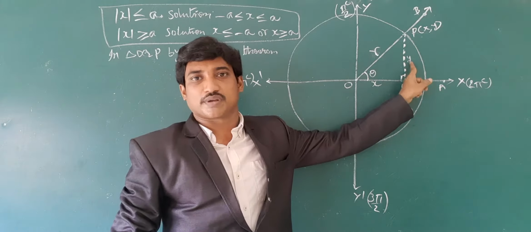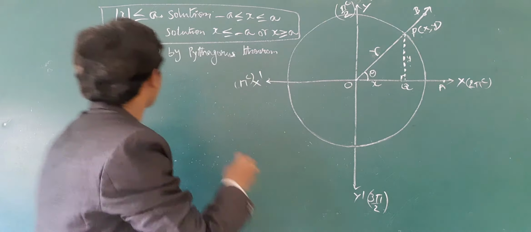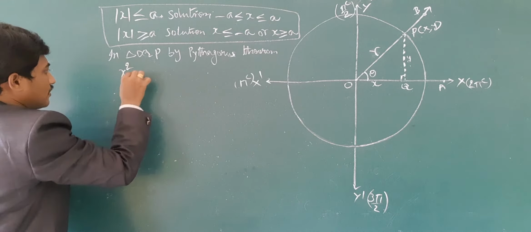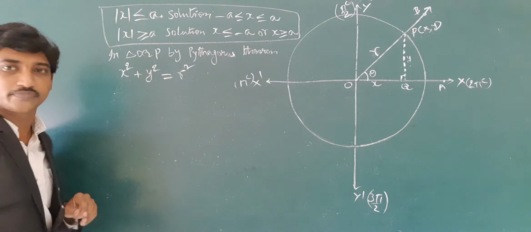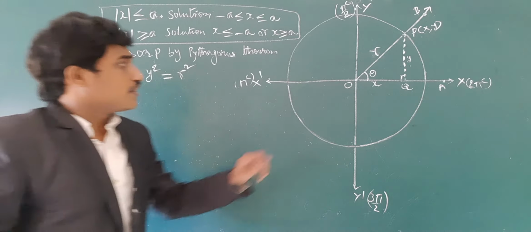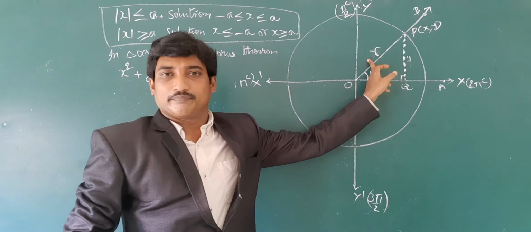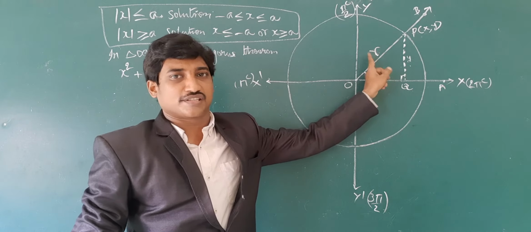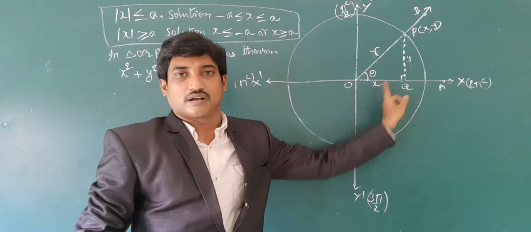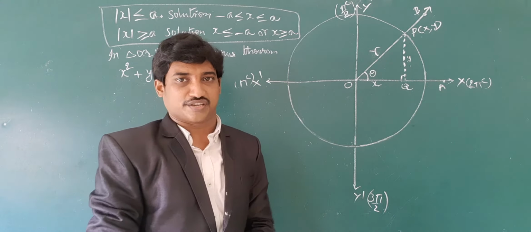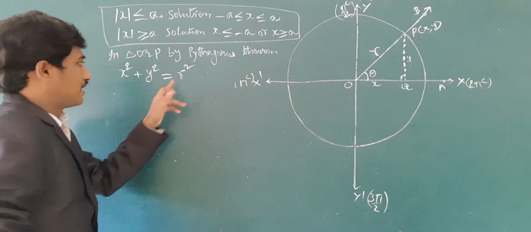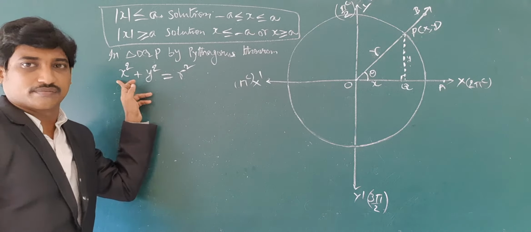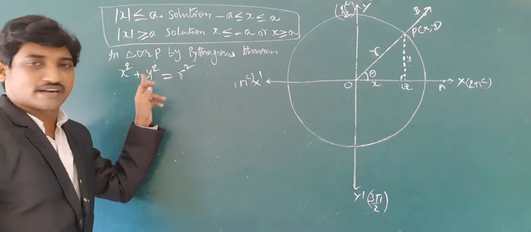X square plus y square is equal to r square. You know, in a right angle triangle, the hypotenuse is the largest side compared to the remaining two sides. So it is very clear r is greater than x and r is greater than y.